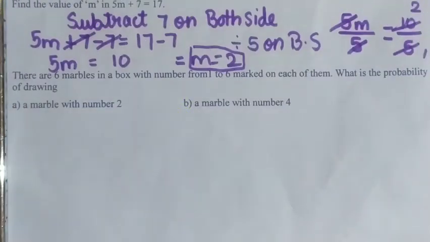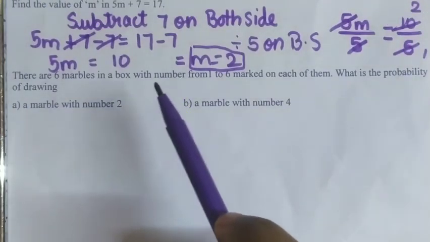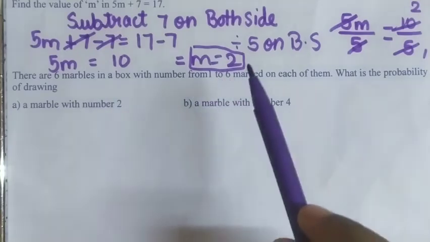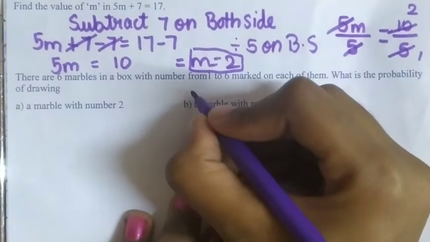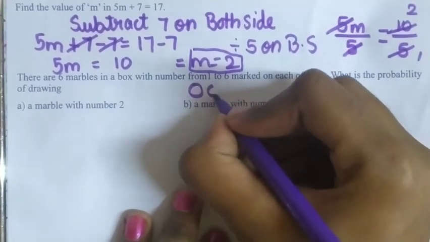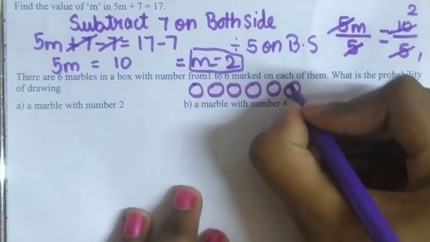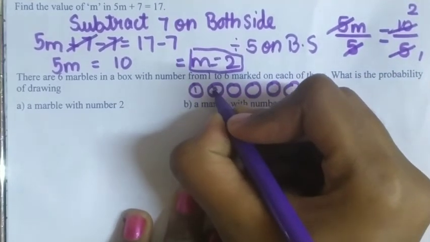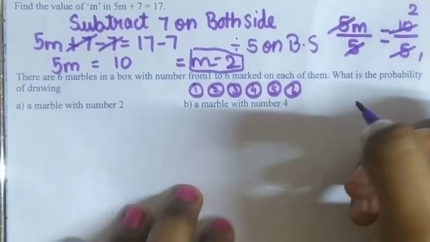The fifth question is, there are 6 marbles in a box with number from 1 to 6 marked on each of them. So how many marbles are there in a box? 6. That is written as 1, 2, 3, 4, 5 and 6.